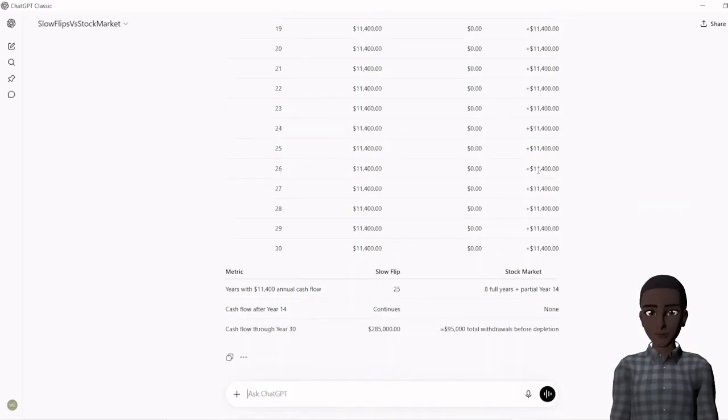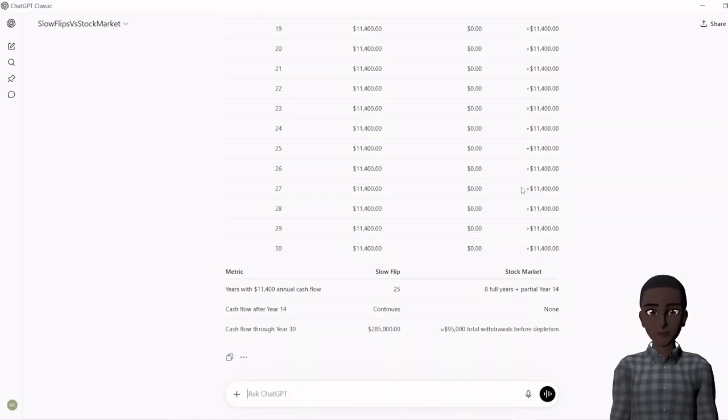So this analysis, I think, shows a few things quite clearly. If your goal is to do one thing at the beginning of 30 years and do nothing else for 30 years and one day look up at your account and find money, then the stock market will win based on these assumptions.